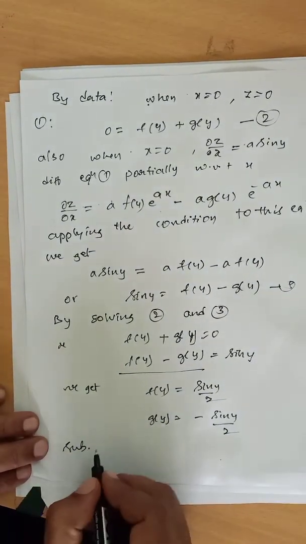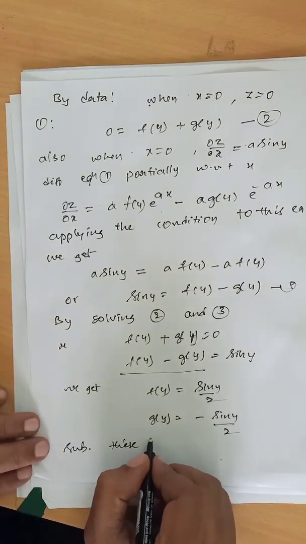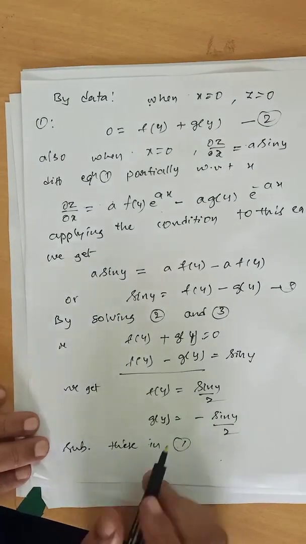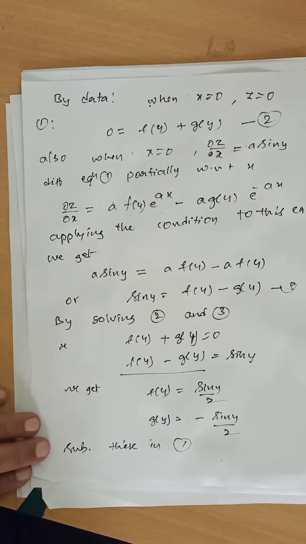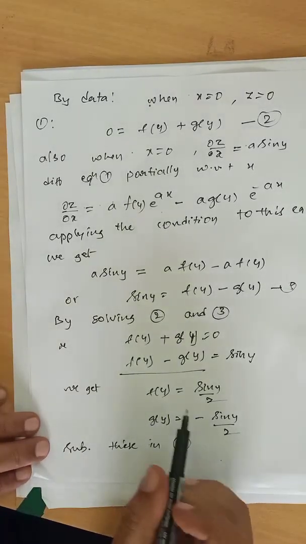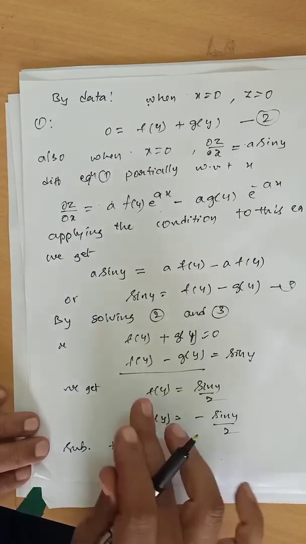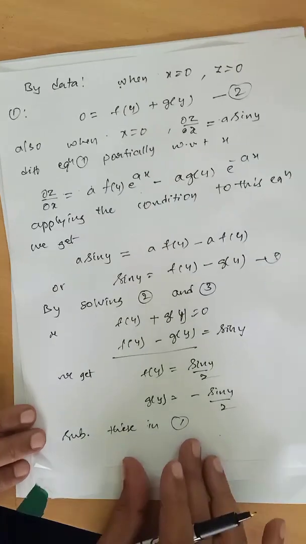Substitute this in equation 1. I already told you we don't want f of y and g of y in the general solution of a homogeneous partial differential equation. That is why we use the conditions to get f of y and g of y. After we get these two, we substitute them in equation 1 and get the required solution.